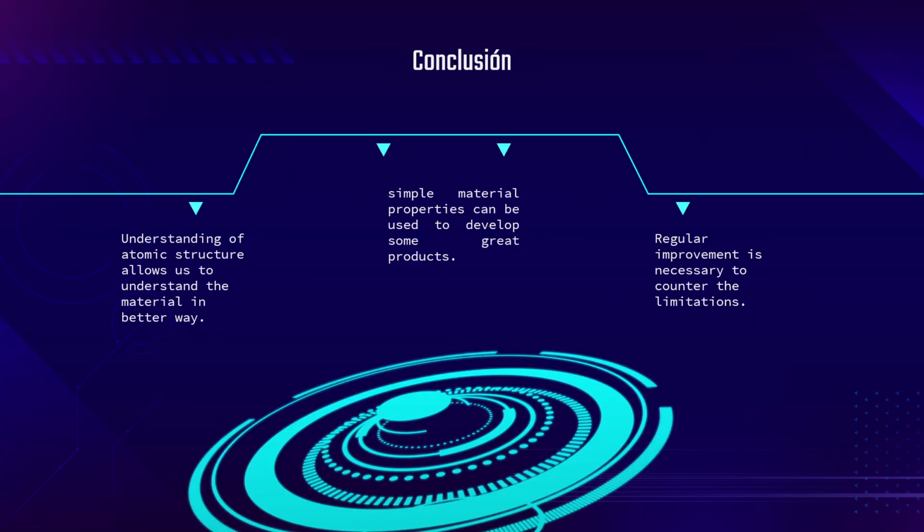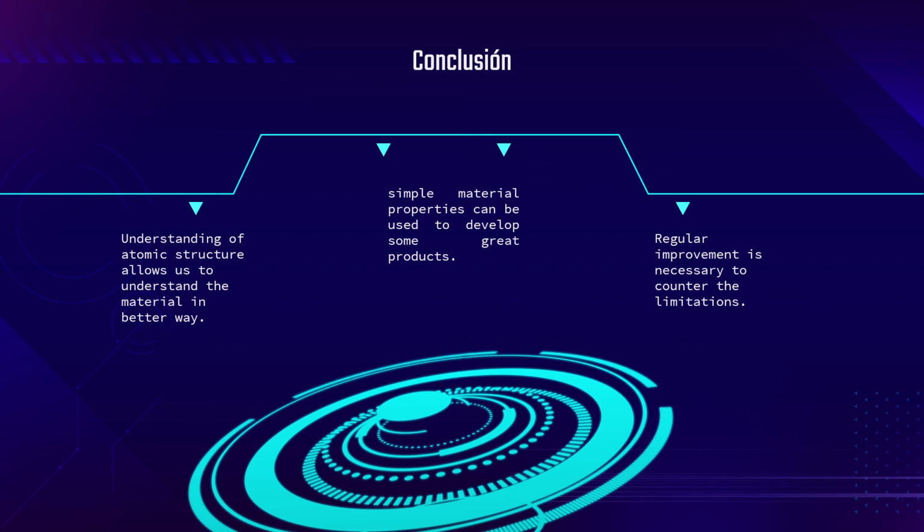Now coming to the conclusion. Understanding of atomic structure allows us to understand the material in a better way. After understanding the atomic structure, we got to know what causes magnetism in a material. Simple material properties can be used to develop some great products.